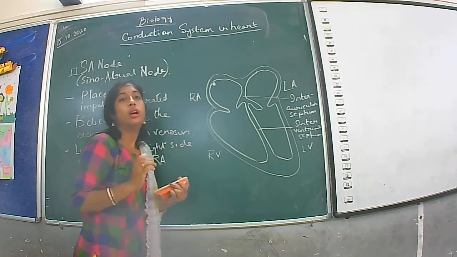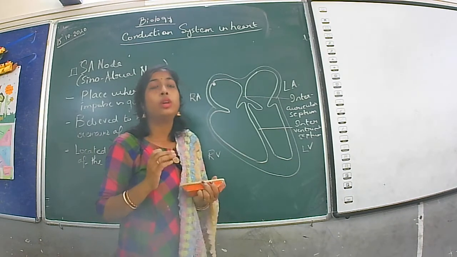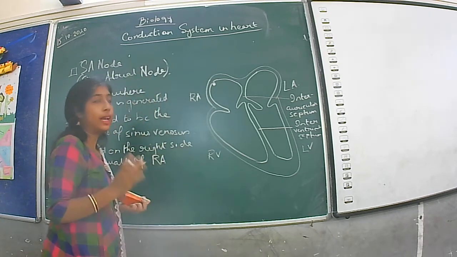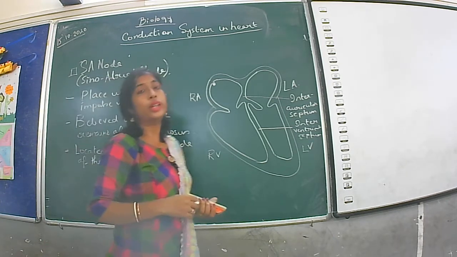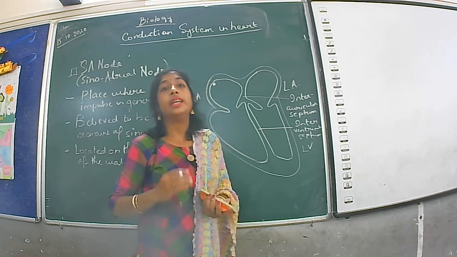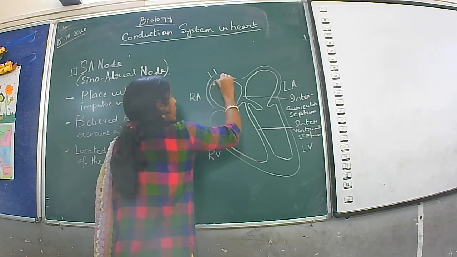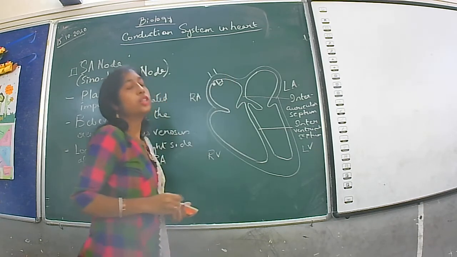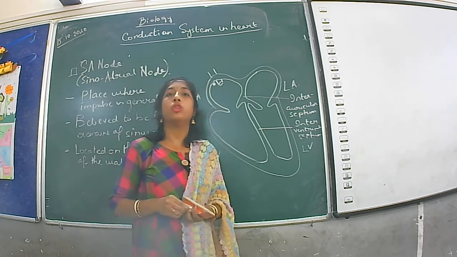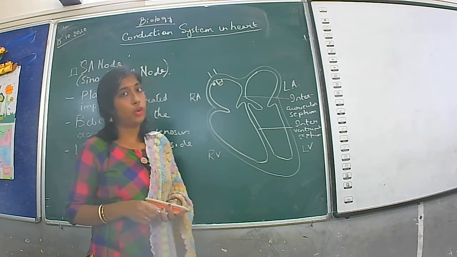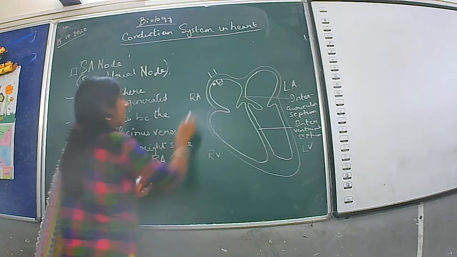Okay, and if I have to tell you the exact position, we can say that the sinoatrial node is located near the superior vena cava. This is the superior vena cava. You already know that. So the sinoatrial node is located near about the superior vena cava. Okay. So this is the position of the sinoatrial node.